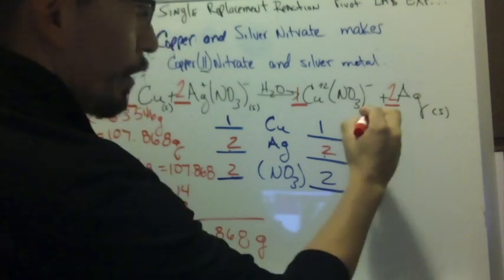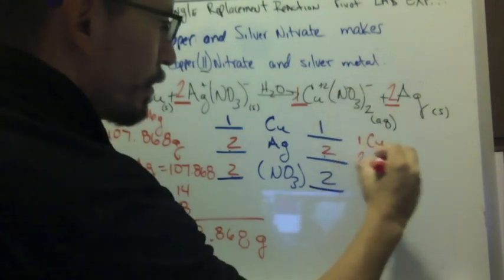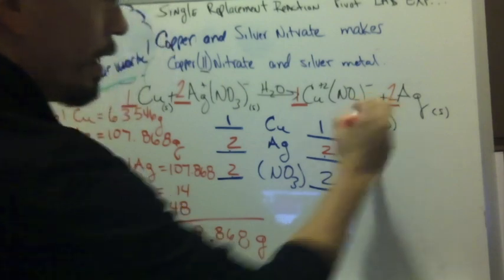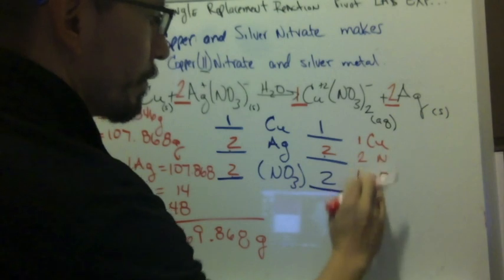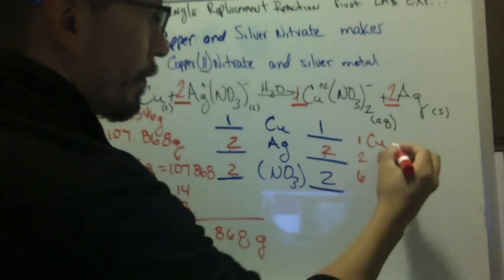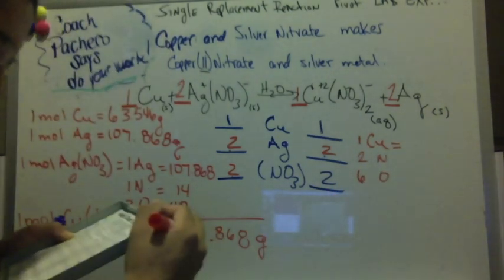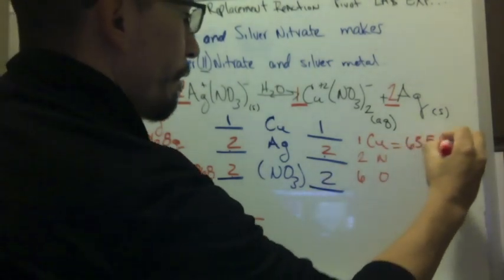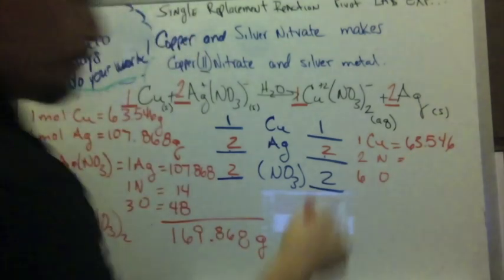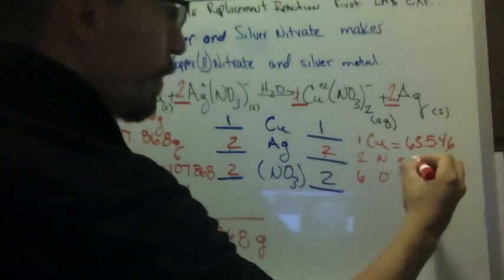I have 2 nitrogens. And I have 3 times 2 is 6 oxygens. 1 copper is 63.546. 2 nitrogens, 2 times 14 is 28.